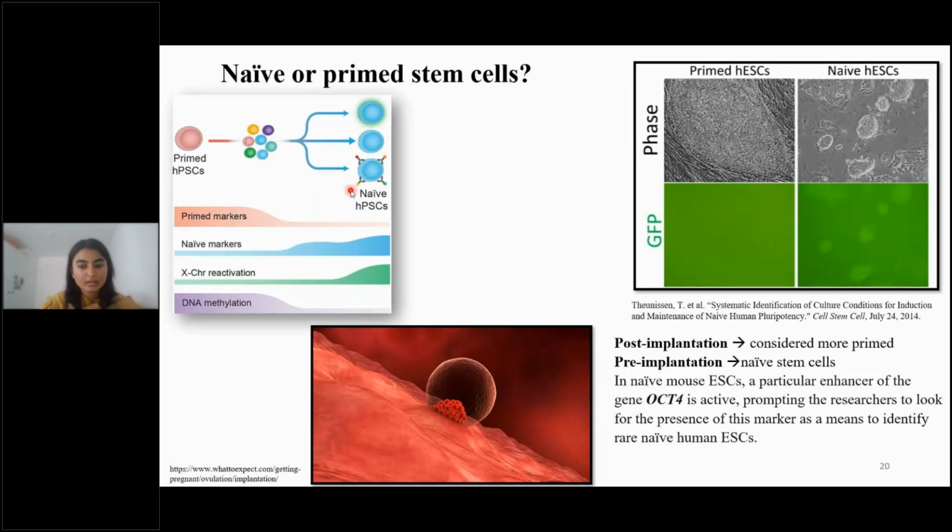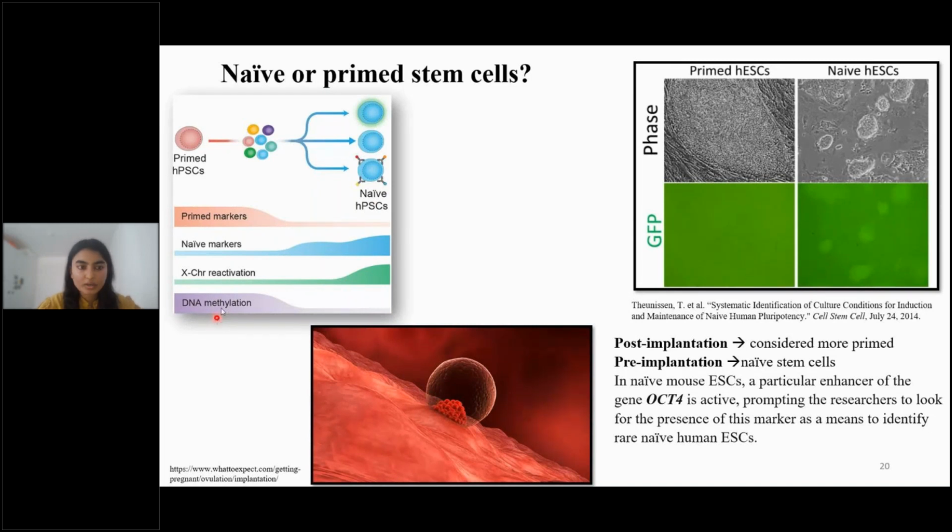All the naive markers are going to be activated, and the primed marks are going to go down. As I told you, naive has more plasticity, and primed is not plastic anymore. The DNA methylation level will also go down because the cells are becoming naive.